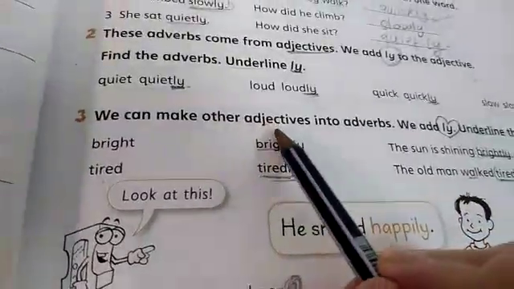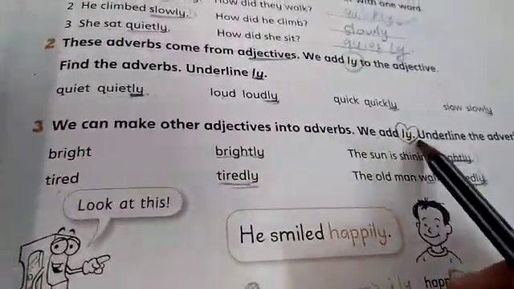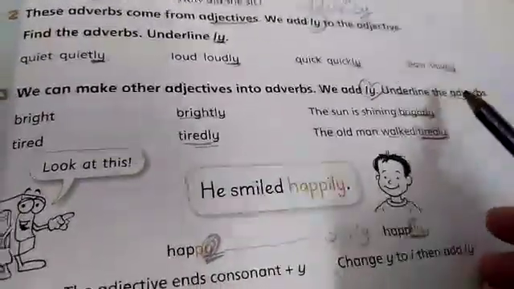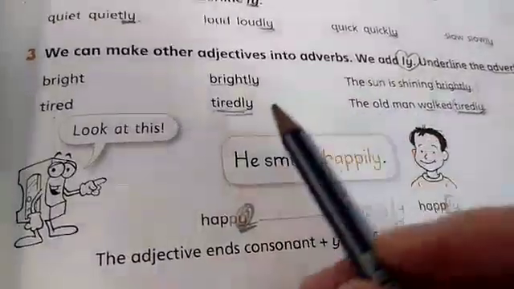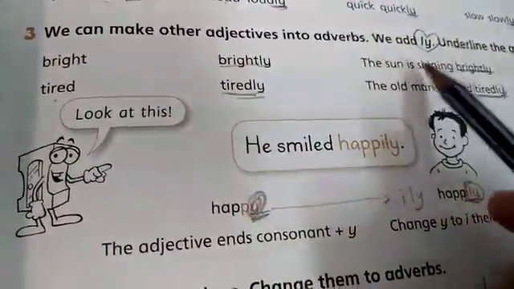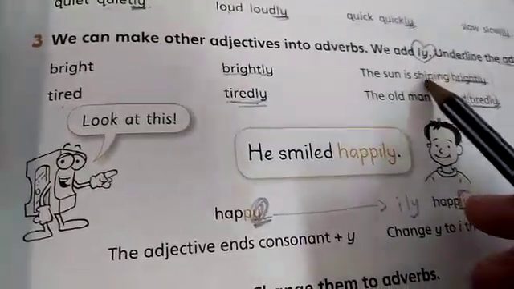Okay, let's move on. Number 3. We can make other adjectives into adverbs. We add ly. Underline the adverbs in each sentence. Bright, brightly. The sun is shining brightly. How is the sun shining?